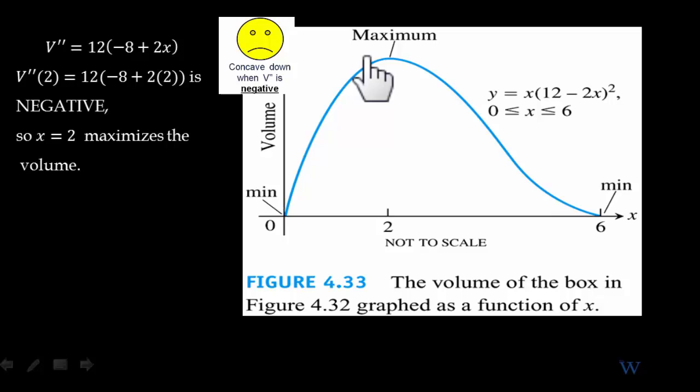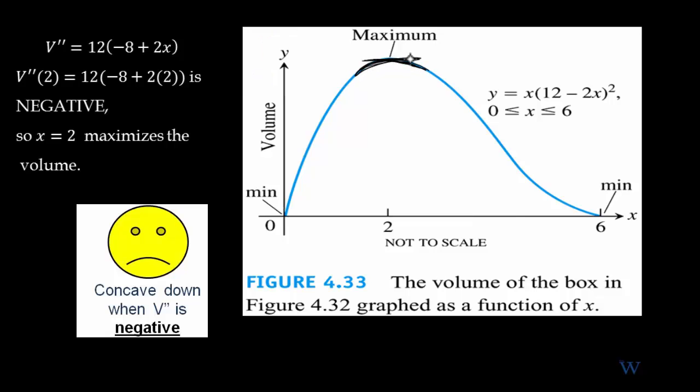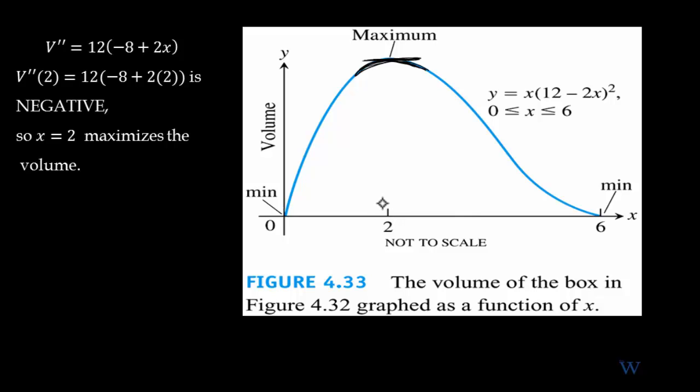You have a tangent line there, which is a horizontal line. That's why y prime, or v prime at 2, is 0, and then y double prime, or v double prime at 2, is negative. That's why it's concave down. So you have a maximum occurring at x equal to 2.